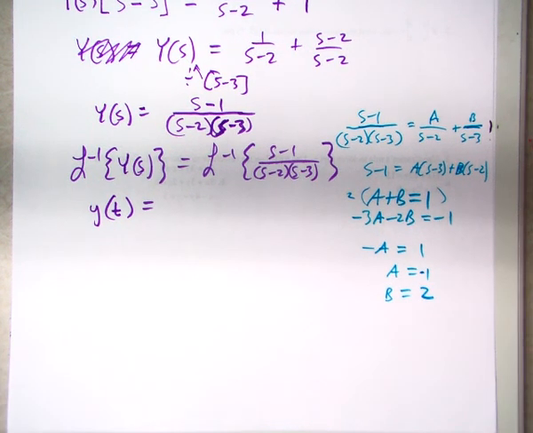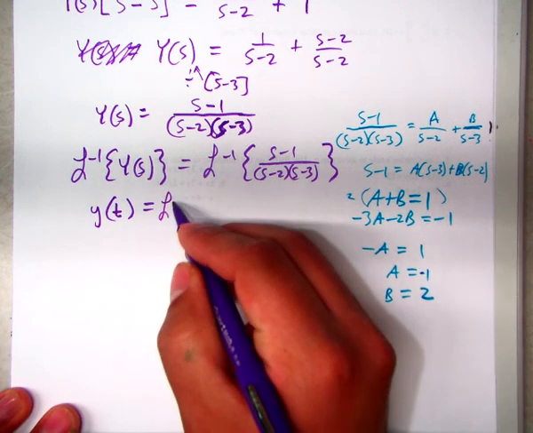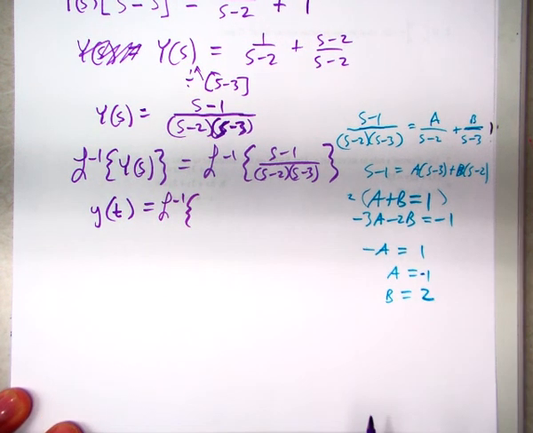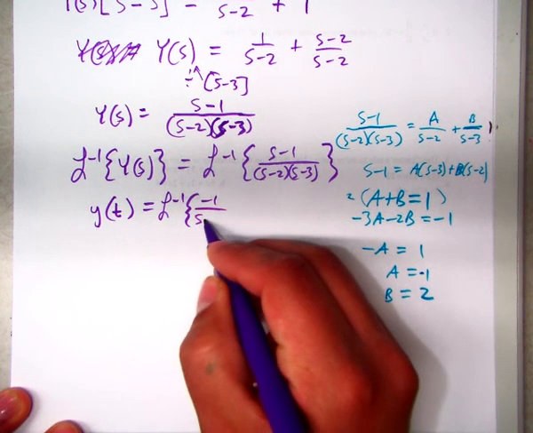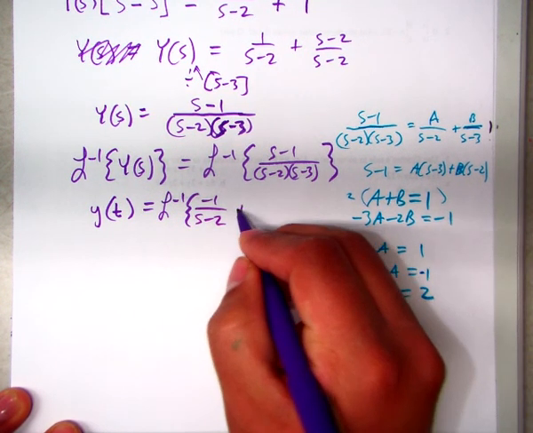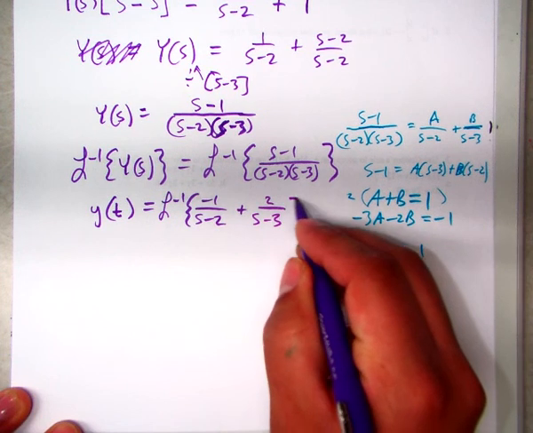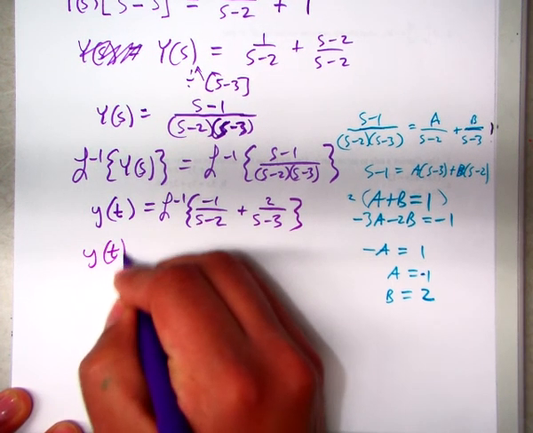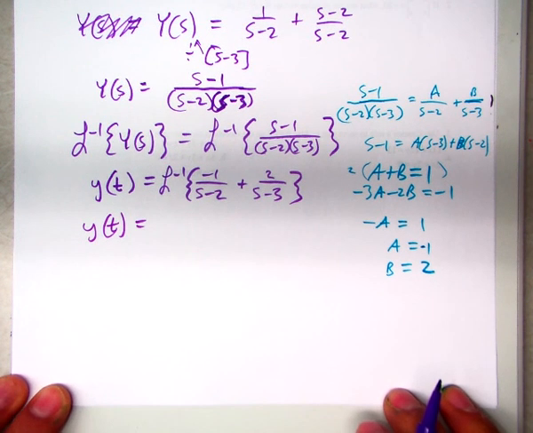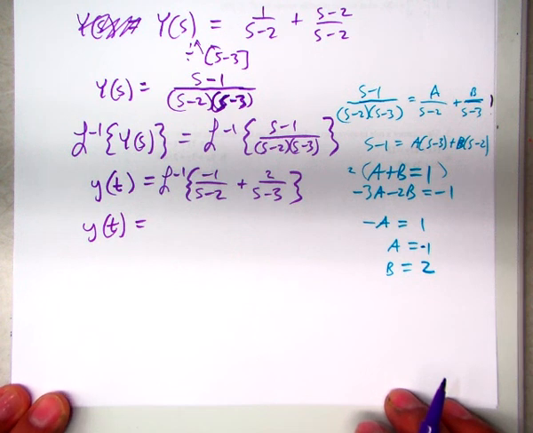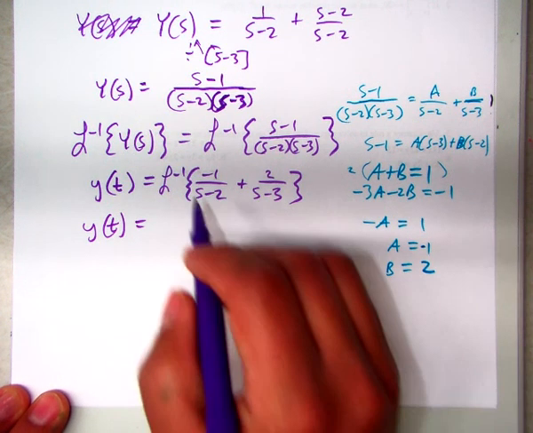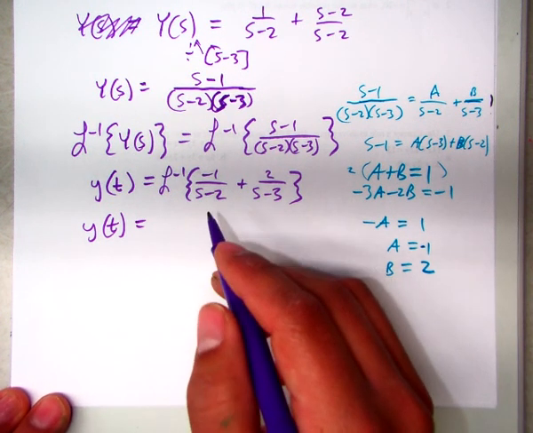So then what we're doing is taking the inverse transform of negative 1 over s minus 2 plus 2 over s minus 3. And once we do that, we're done. What's the inverse transform of negative 1 over s minus 2?